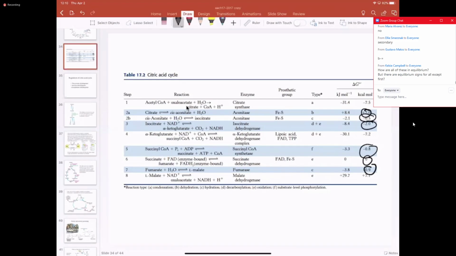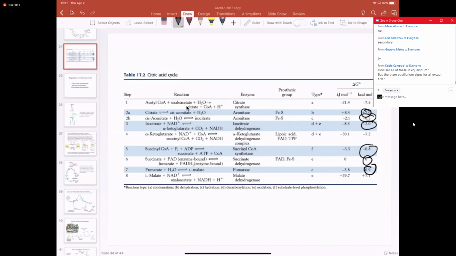But please note, traditionally people just draw them with equilibrium signs when they draw reactions. I don't know why they didn't do it for the first one, but in general, they should also do it for the third one, which they don't do.